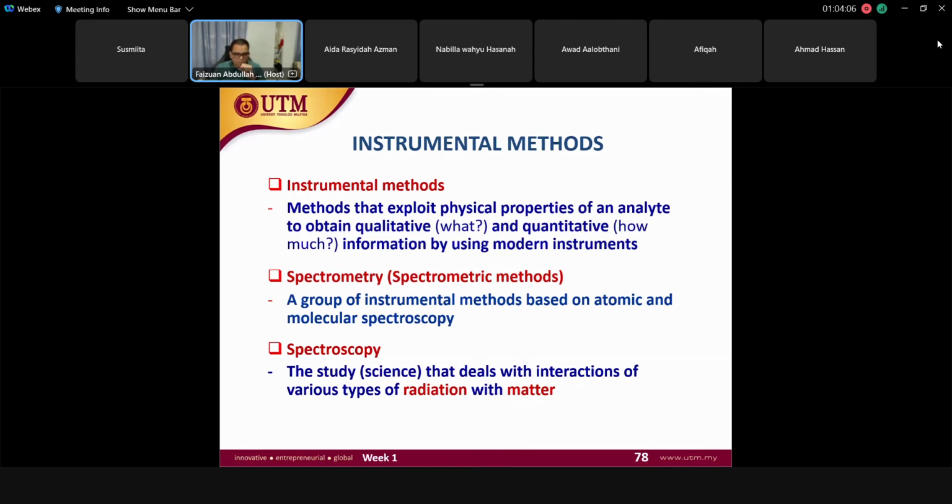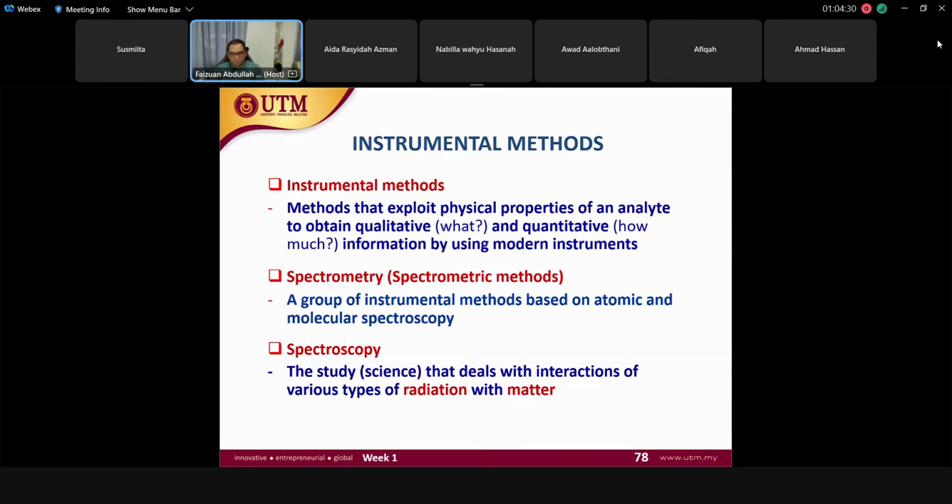A group of instrumental methods based on atomic and molecular spectroscopy. Why do we have atomic and molecular spectroscopy? Can someone give me an idea why? Don't worry if you give a wrong idea. There are no wrong ideas. Your idea is your idea.